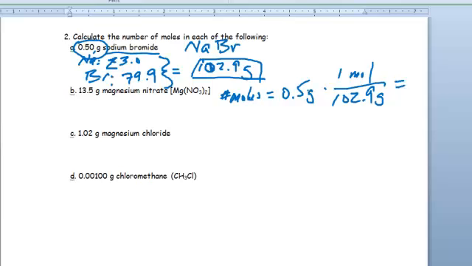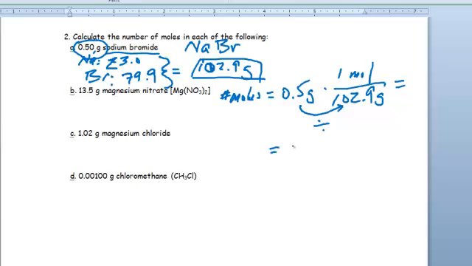And I think if you're anticipating a very small number of moles, like a number that's much less than 1, you are on the right track. That's what I would expect too. So 0.5 divided by, don't forget this is divided by 102.9 equals, oh my goodness, my answer is in scientific notation.